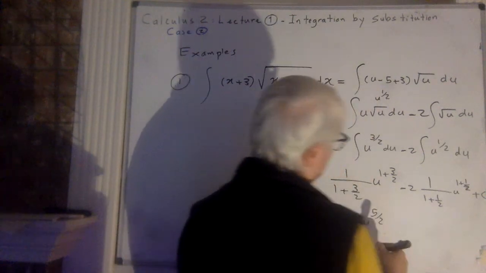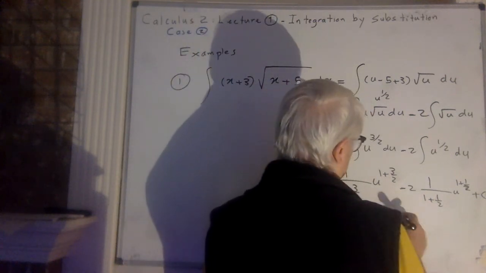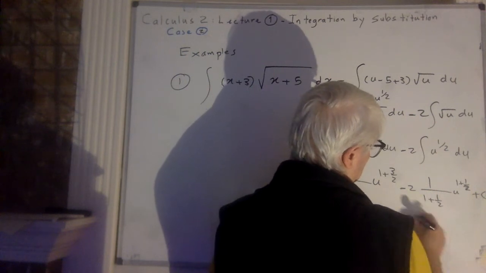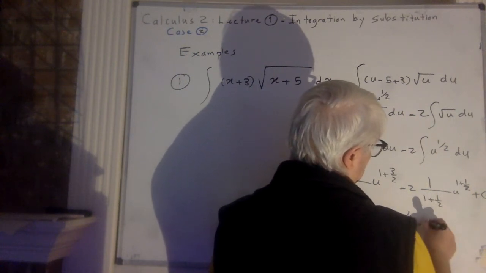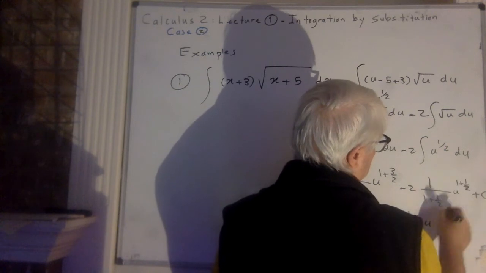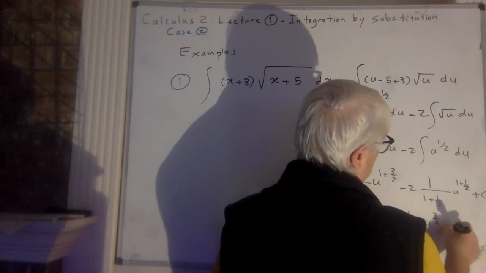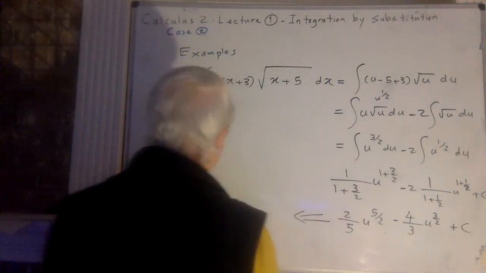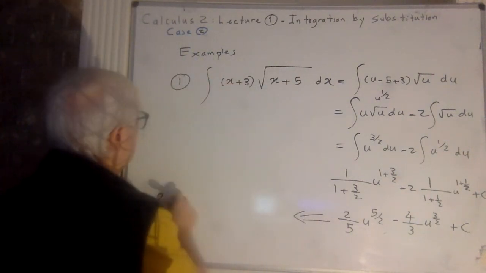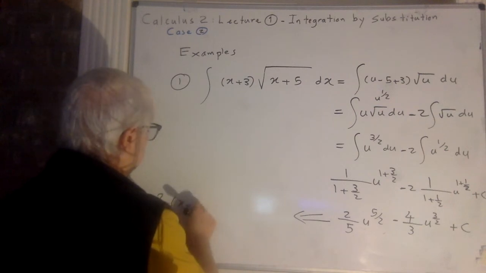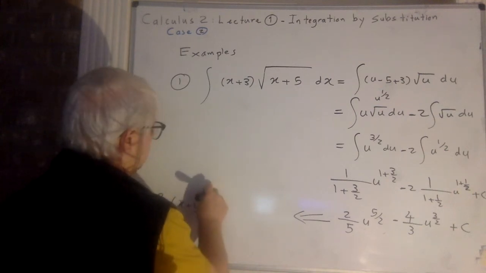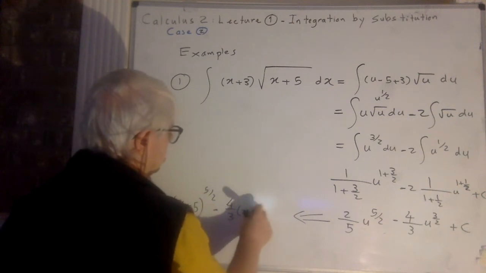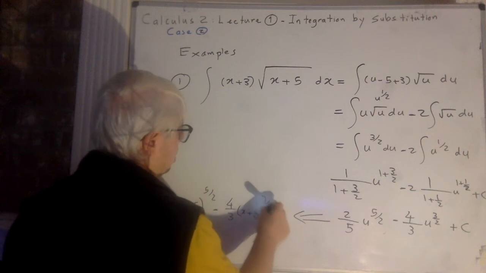In fact, the reciprocal of this thing, minus 2 times 2, that is 4 over 3 u to the power 3 halves, plus c. So the end result will be 2/5 (x plus 5) to the power of 5 over 2 minus 4/3 (x plus 5) to the power 3 halves plus c.